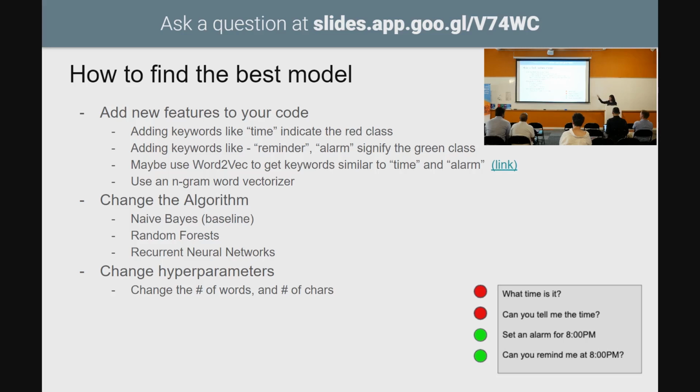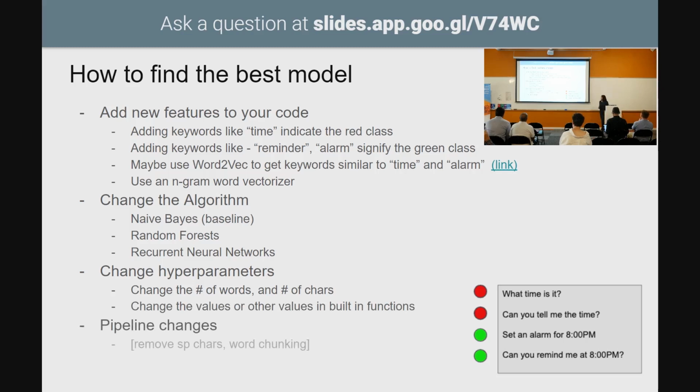In TF-IDF vectorizer, we can change the number of words, number of characters, we can change the size of the n-grams, and we can change a bunch of other things, which is way more common in the deep learning space. Finally, pipeline changes. This is not trivial at all. If we have something where we are first removing special characters and then chunking the words, and in the other option, we are first chunking the words and then removing the special characters, well, there is a difference in the vocabulary that we get in each case.